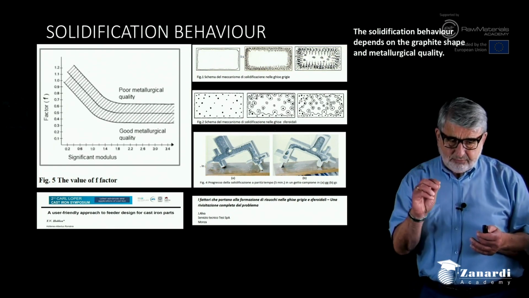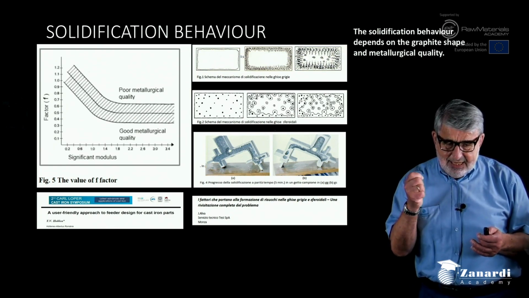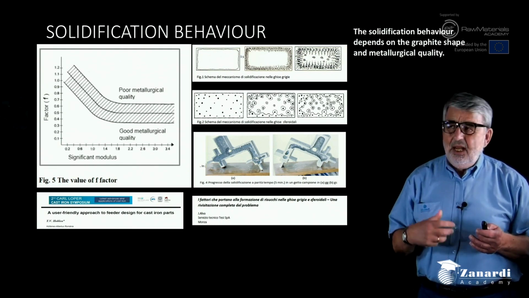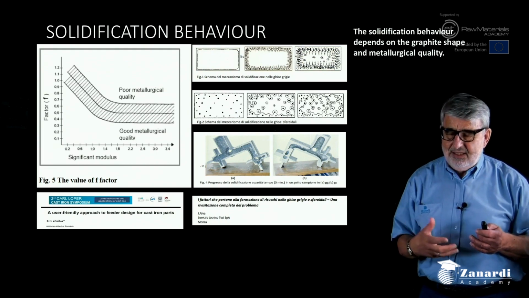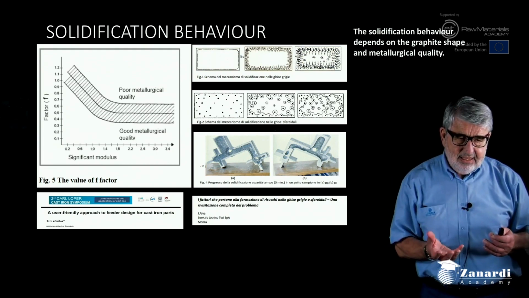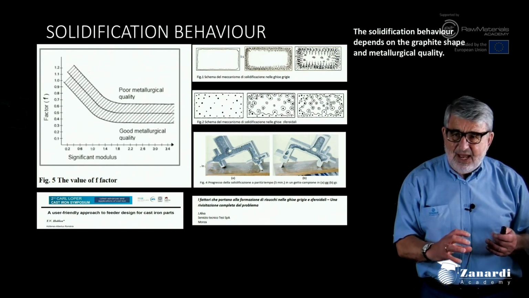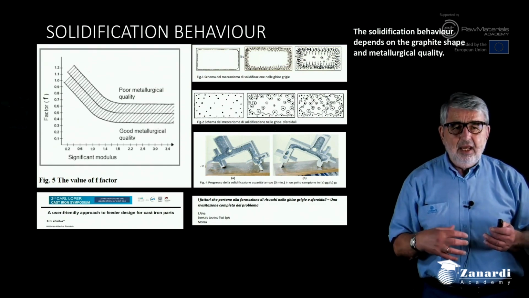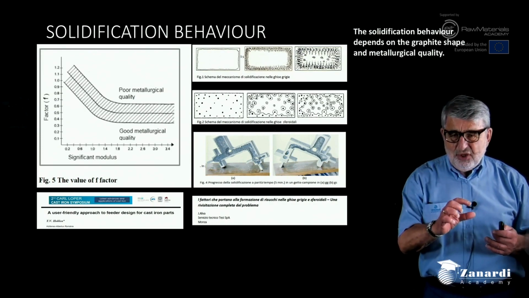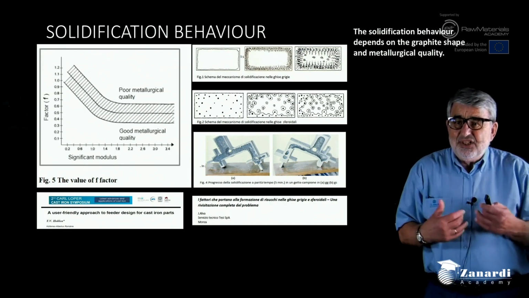This slow latent release rate in the spheroidal graphite iron makes the metal solidify in a large part in a massive way. Most of the thickness solidifies at the same time.